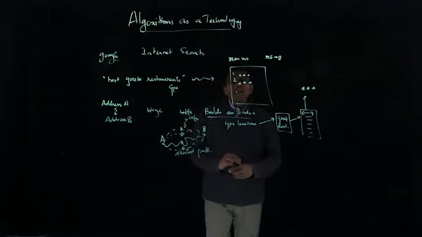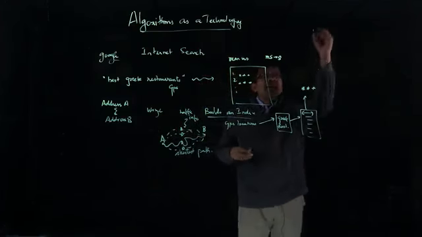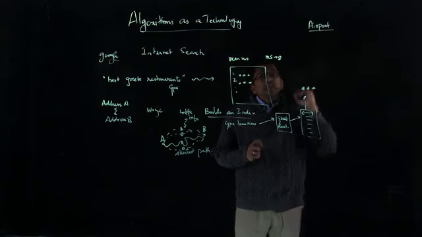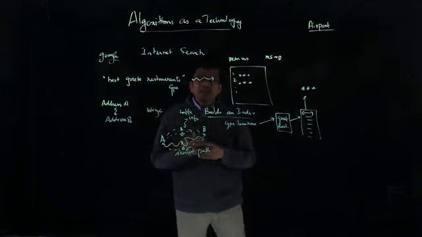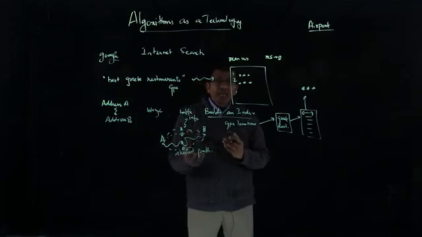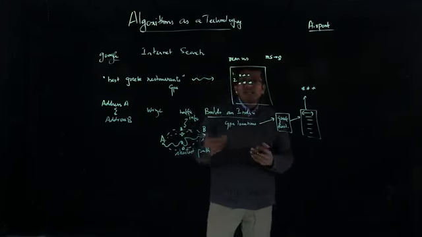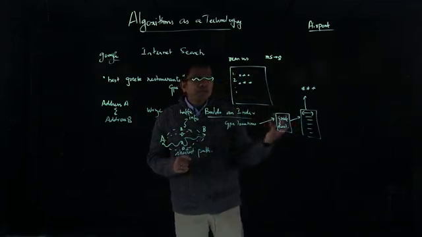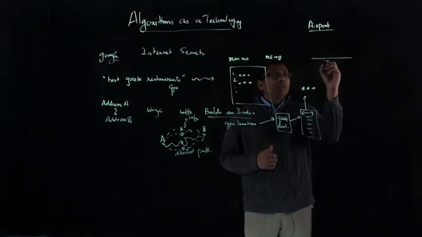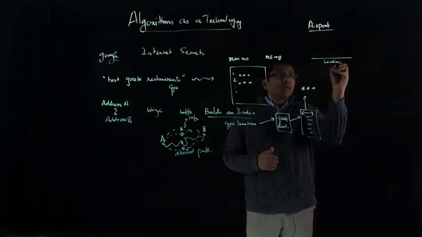Where else are algorithms at play? Every time you fly and you go to an airport, there are a lot of algorithms that come into play from the moment you arrive at the airport, until takeoff and even after takeoff. What are these kinds of algorithms? For example, in any airport, you have a resource constraint.